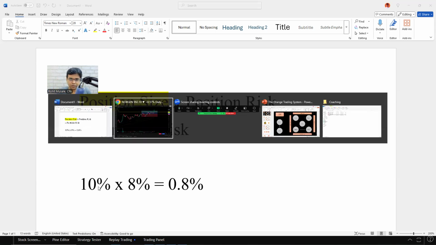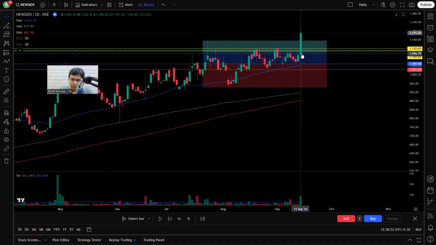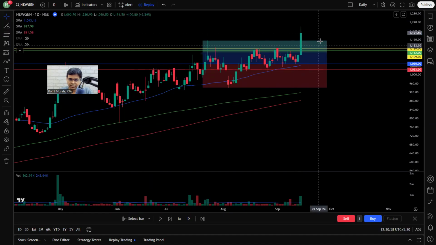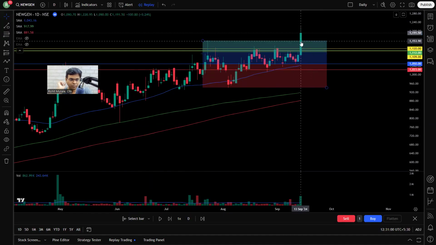Now the stock has broken out. This single candle is a 9.24% candle. Look at this percentage number. Now tell me one thing, if a stock goes up 9 to 10% in a single day, don't you think you should be taking some steps to protect your unrealized gain, or at least protect your capital?